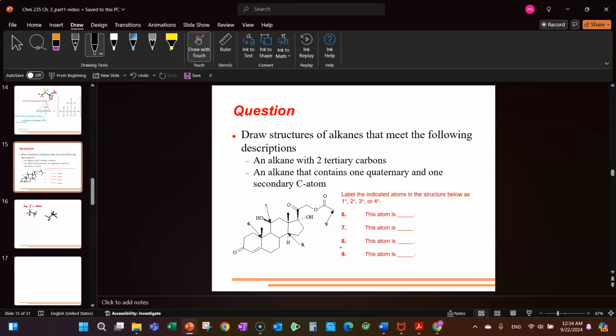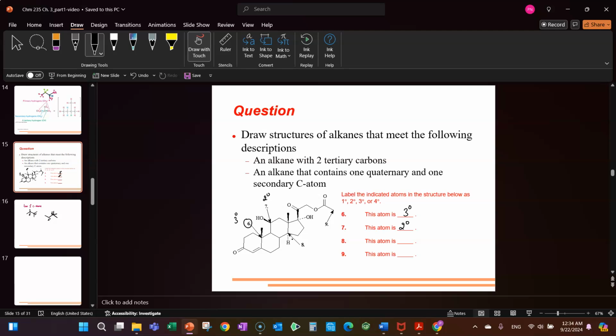The bottom example is just asking us to label the different atoms. It's asking what is number 6. If you look, it's connected to 3 other carbon atoms, so number 6 should be a tertiary. Then number 7, which is here, is connected to 2 other carbon atoms, so it should be a secondary.